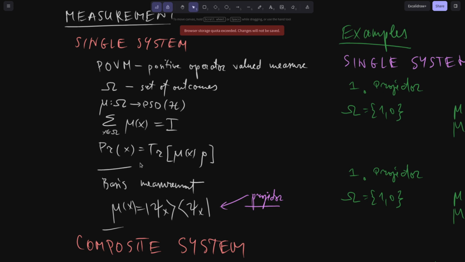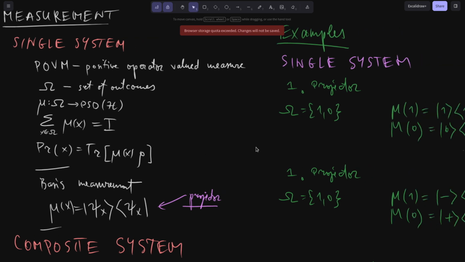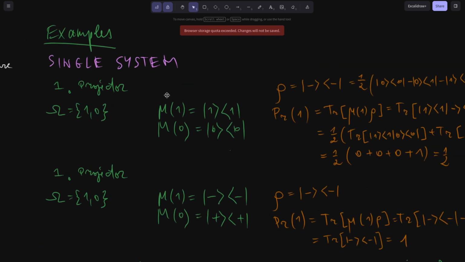And probability is calculated by the trace of this measurement applied to our state. So for example, we have a single system with a projector on the basis states. So we have two outcomes possible, 1 and 0. So our measurement on 1 is just the |1><1| matrix, measurement on 0 is the |0><0| matrix.